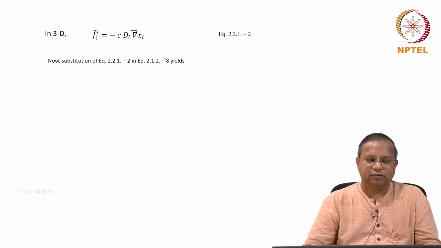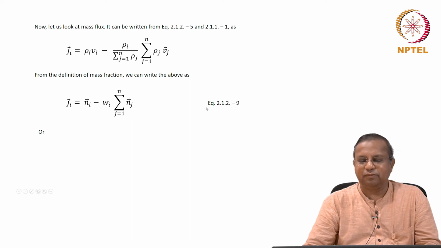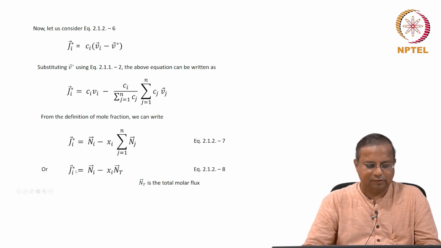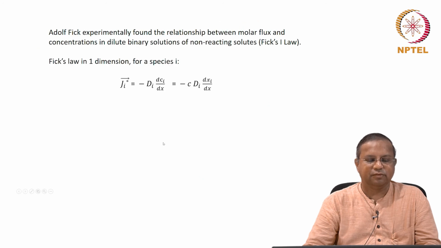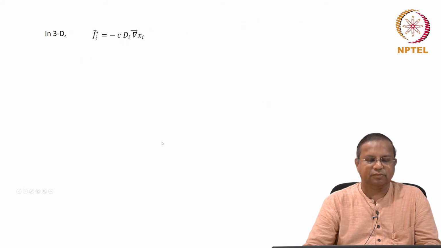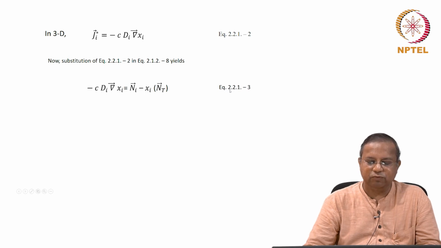Equation 2.2.1-2. Now, if you substitute 2.2.1-2 in 2.1.2-8, which is J_I equals N_I minus x_I N_T, we get minus C D_I del x_I, this is J_I, equals N_I minus x_I N_T, equation 2.2.1-3.